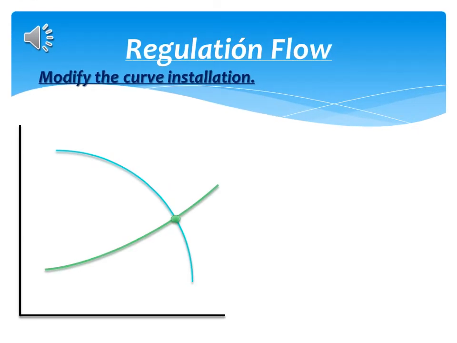We will modify the curve of the installation by writing the energy equation in the usual way. The head need not be constant, for example in a tank with variable level, but we cannot change it at will, therefore we can only change the losses, which is achieved by modifying the singular loss of any single element.